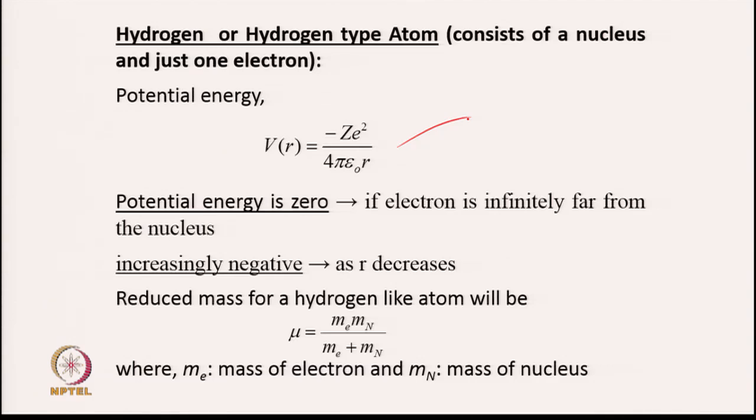And then you can write the reduced mass for this kind of system, and that will be given by m_e times m_n divided by m_e plus m_n. You have two things, a nucleus and one electron, so the mass is given by the reduced mass, where m_e is the mass of the electron and m_n is the mass of the nucleus.